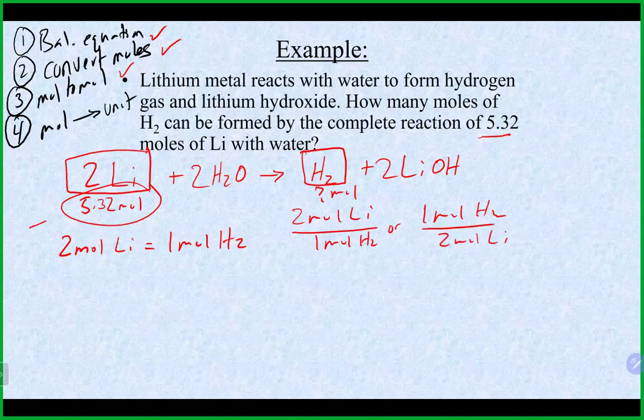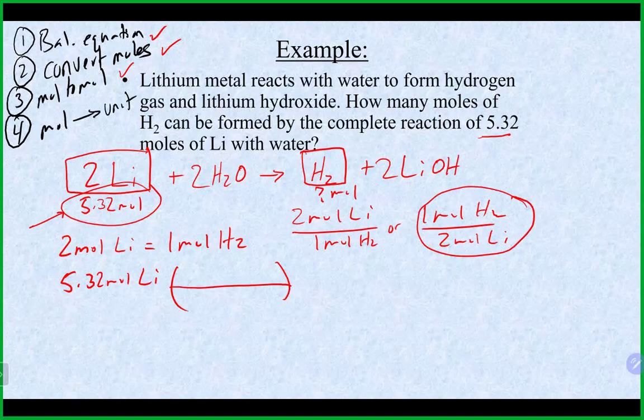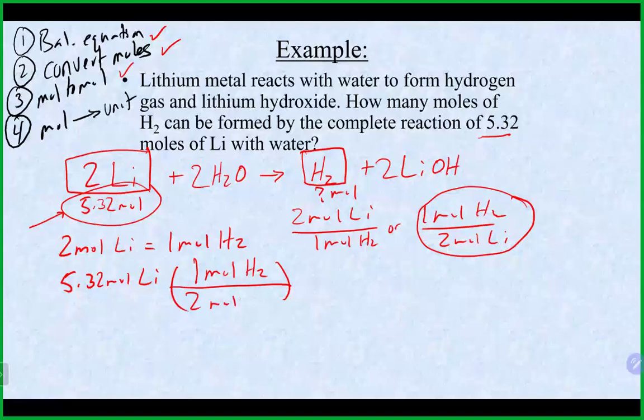So starting with my number here, 5.32 moles of lithium. Opposites cancel, so I will need moles of lithium on the bottom, which means I do want to use the conversion factor on the right. 1 mole of hydrogen gives me 2 moles of lithium.